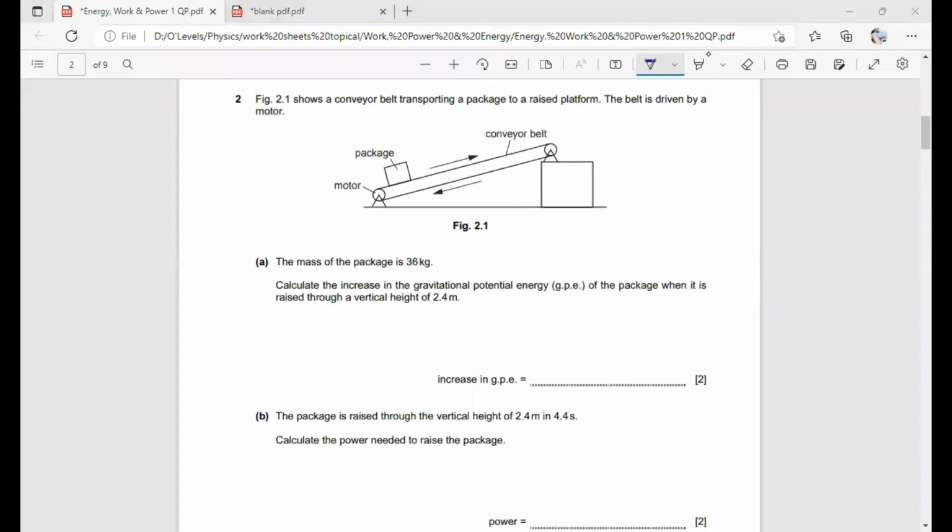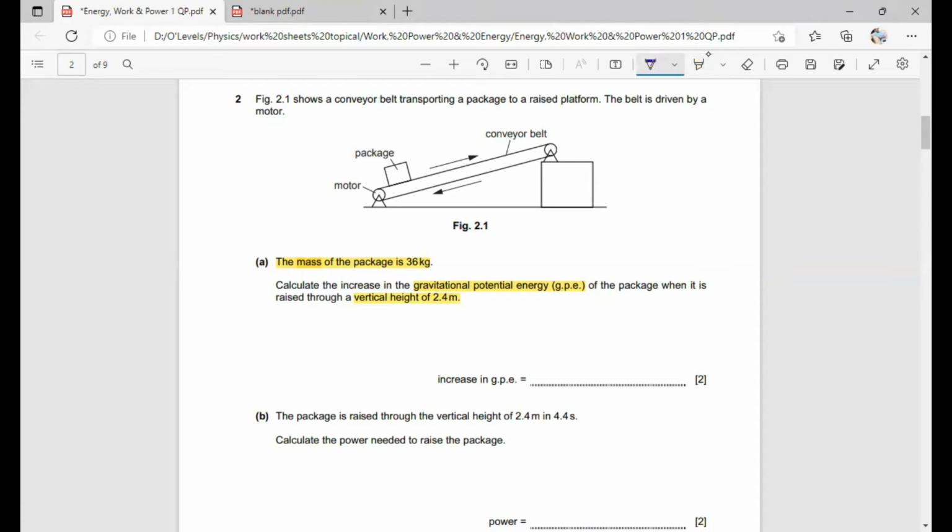Now, question number two. Figure 2.1 shows a conveyor belt transporting a package to a raised platform, and the belt is driven by a motor. The mass of the package is 36 kilograms. Calculate the increase in gravitational potential energy if the package is raised through a vertical height of 2.4 meters.